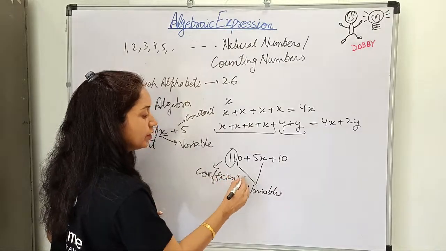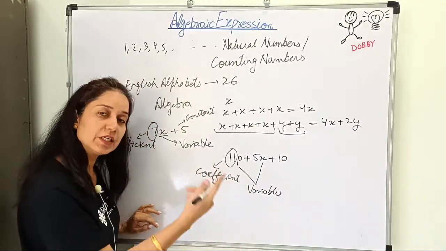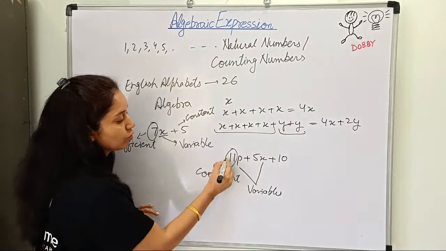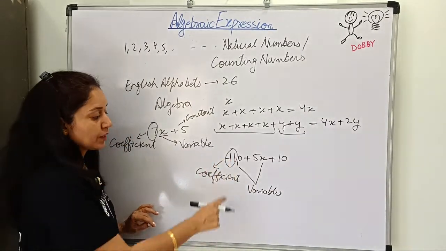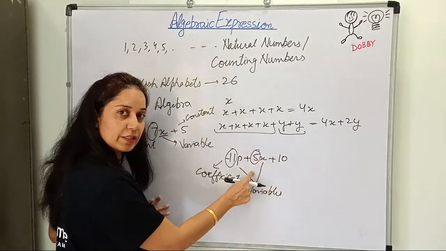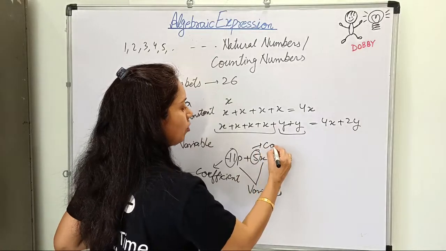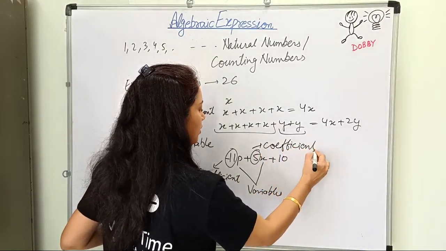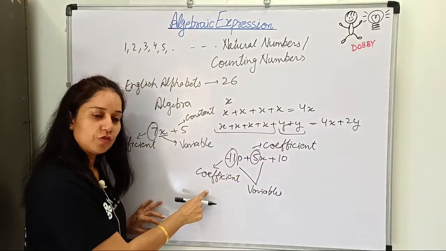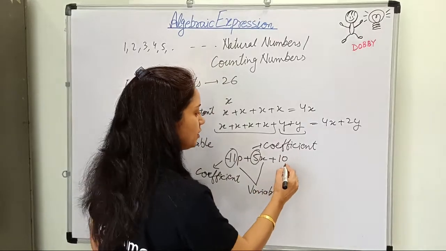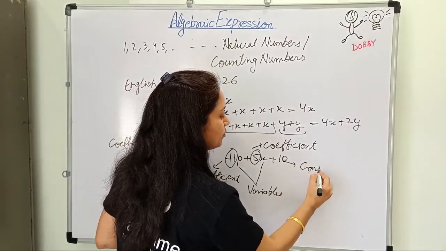The number, numerical expression, or the integer, whatever you say, it can be negative also, minus 11p. That is called coefficient. Here 5 is written in front of x. It is also the coefficient of x. Minus 11 is the coefficient of p. 10 is not having any variable, so 10 is called constant.